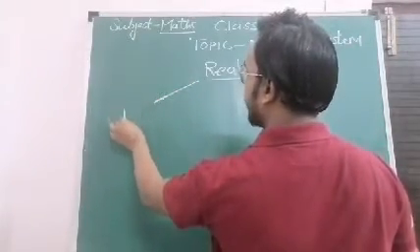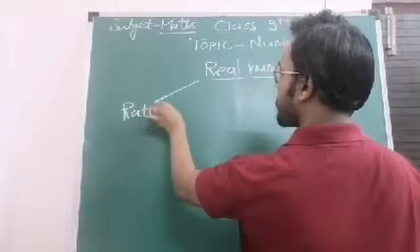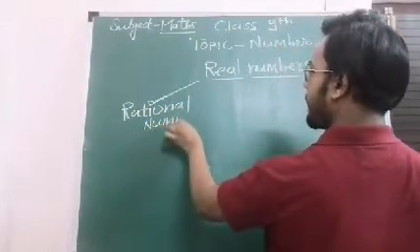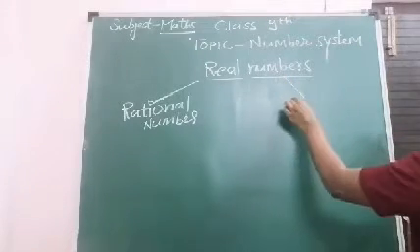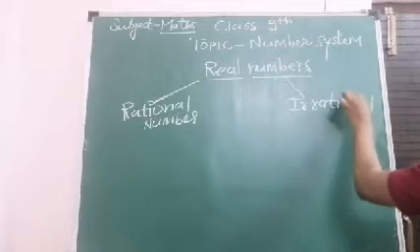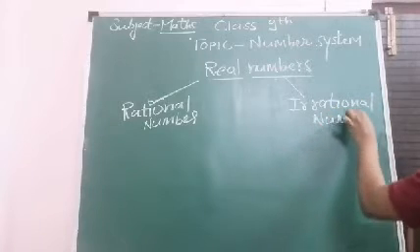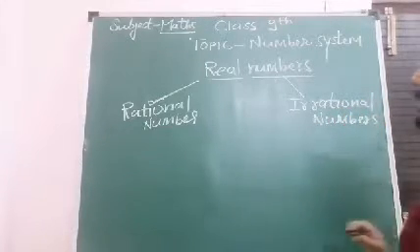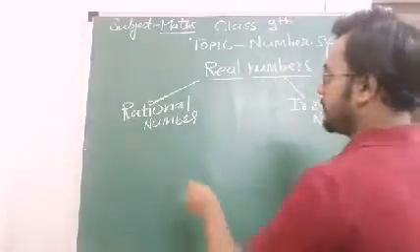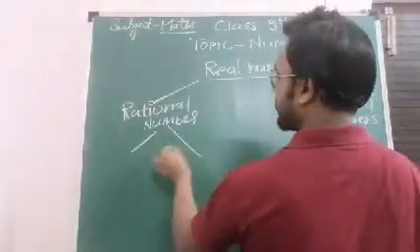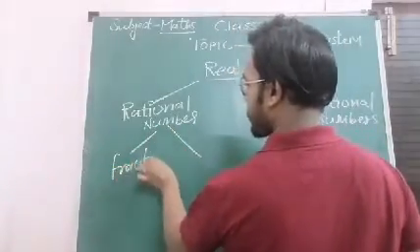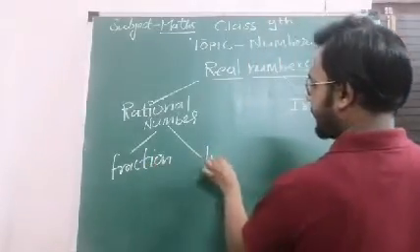First is rational numbers and second is irrational numbers. Again, rational numbers are classified into two categories. First is fractions and second is integers.